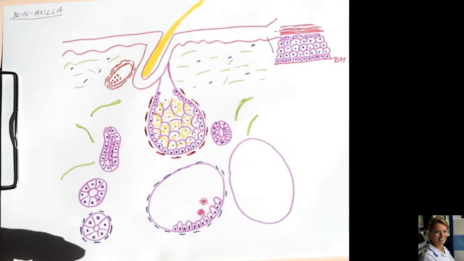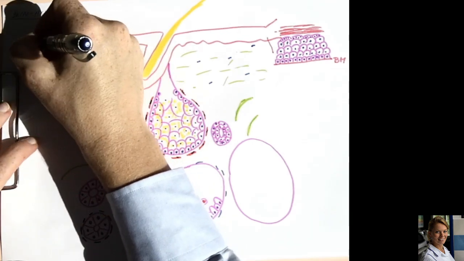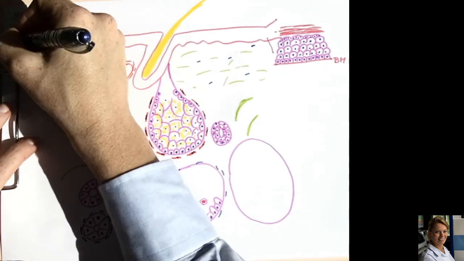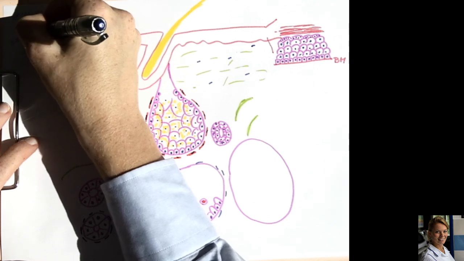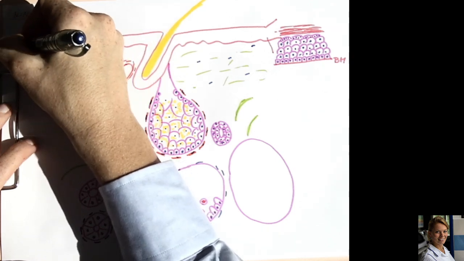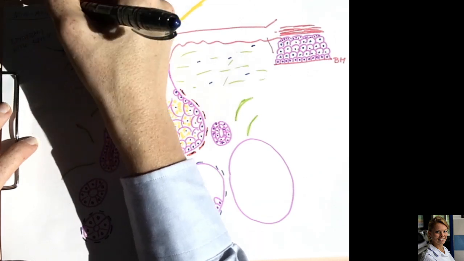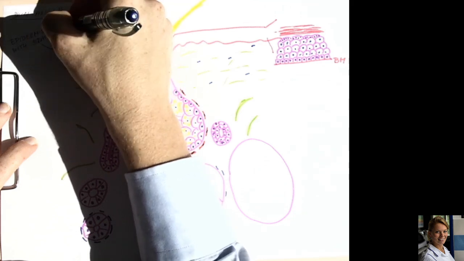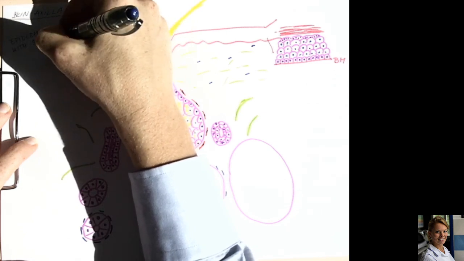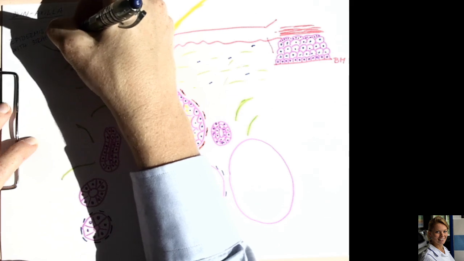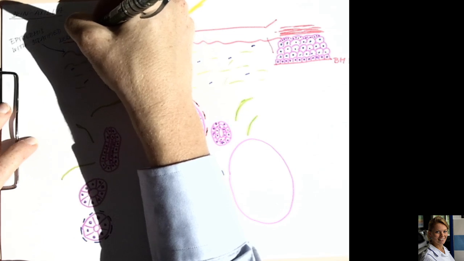Now we label the scheme. Here is the epidermis, with stratified squamous keratinized epithelium.